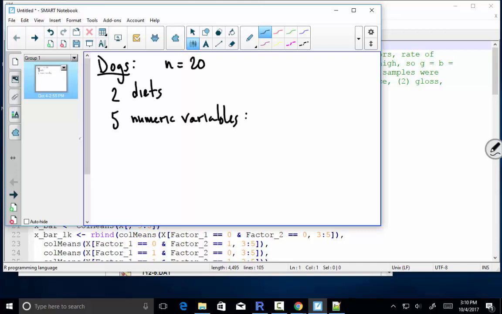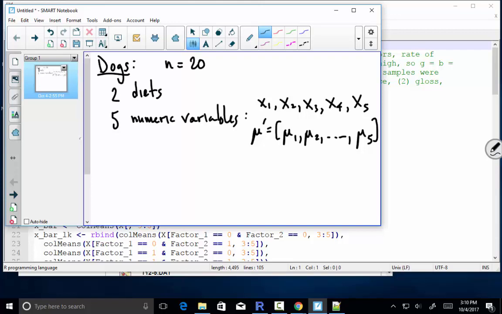So let's call the variables x1, x2 through x5. And suppose that there is a mean vector that corresponds to each of these variables. So in the population, there's a mean.